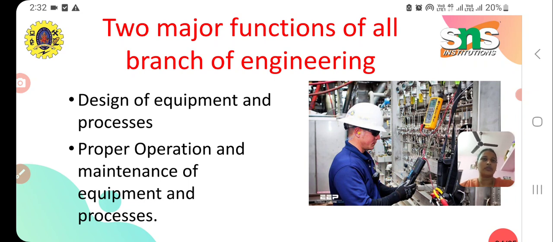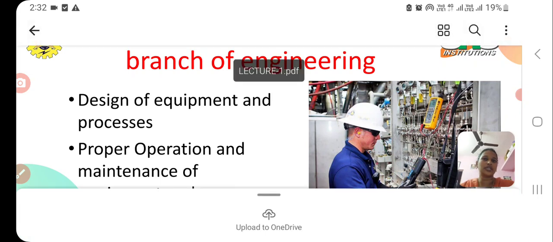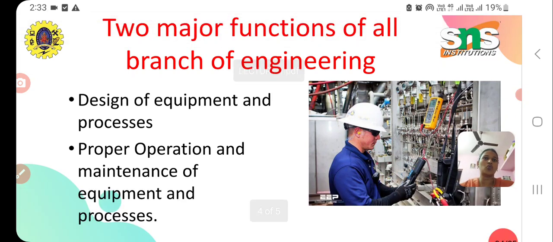For example, as an electrical graduate, if you are committed to a maintenance operation job, then you will need to measure the electrical appliances, like how many units of energy are being consumed. In that way, you will be measuring the energy consumed by every apparatus daily or on a routine basis.